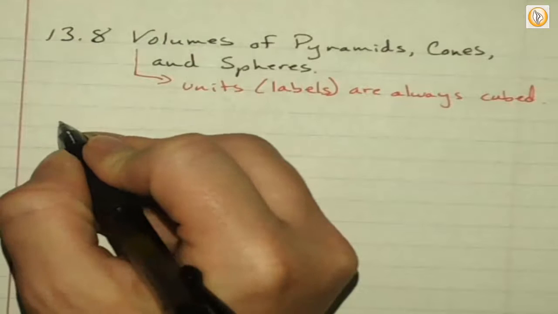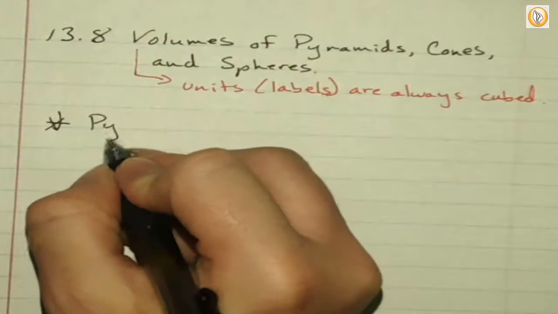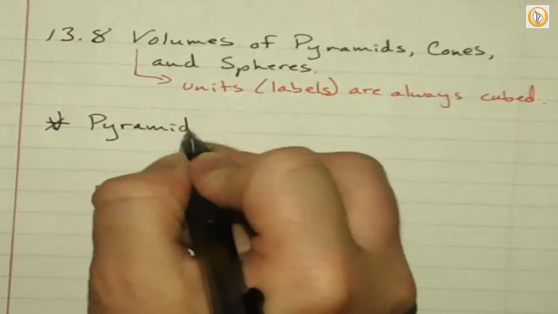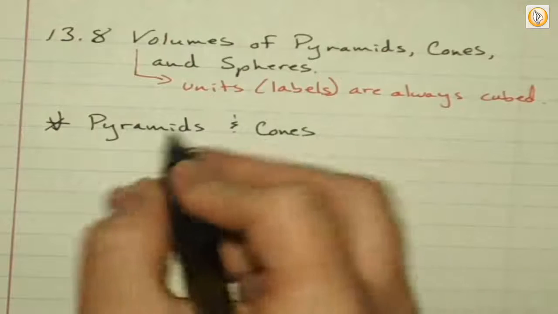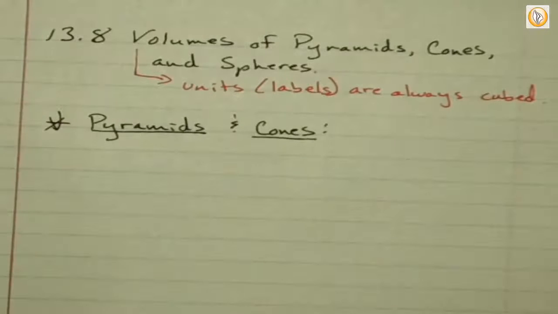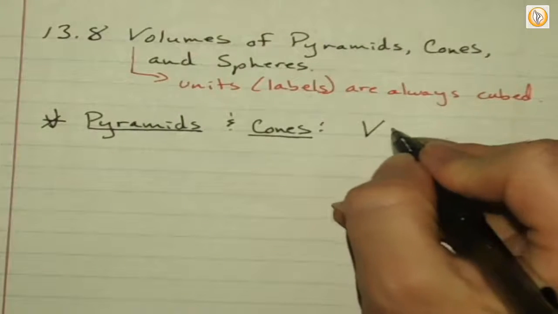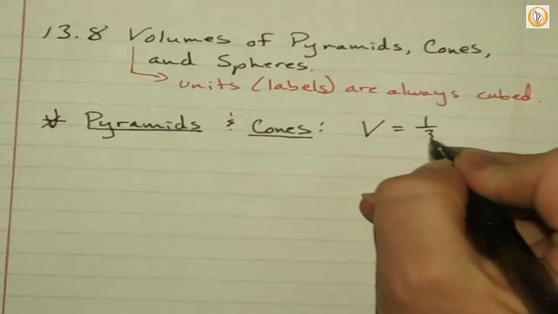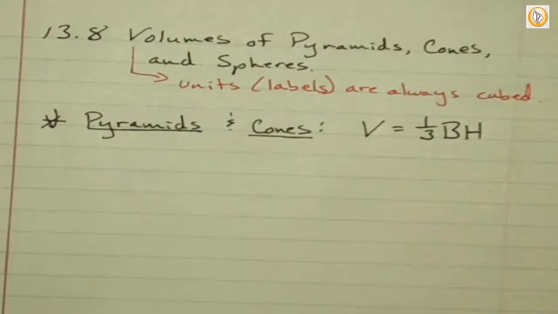Moving on. Y'all ready? Okay, so pyramids and cones have the same formula. Volume equals 1/3 times big B times big H. Base times height.